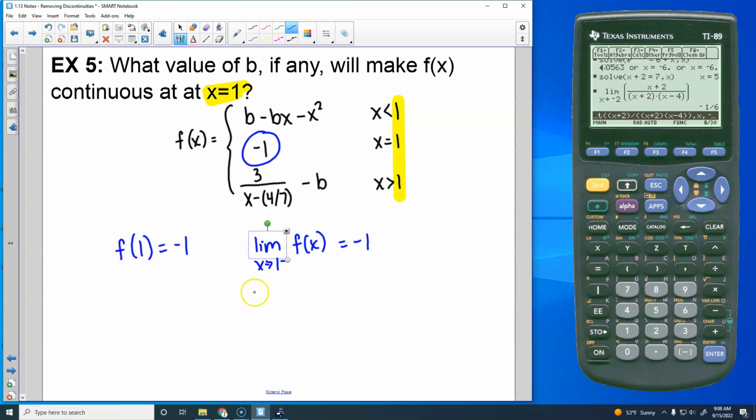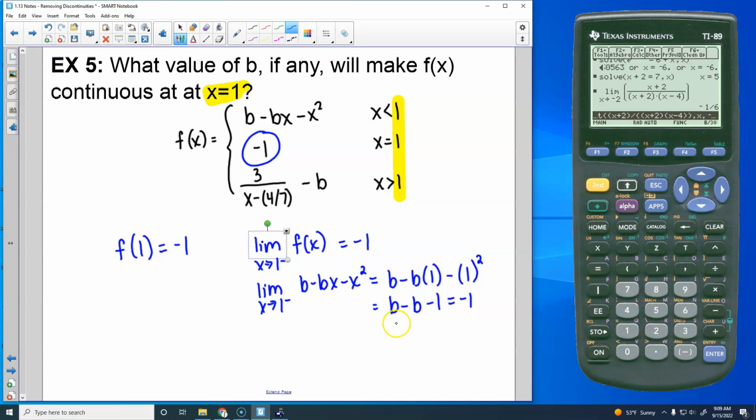And so that would be doing limit as x approaches 1 from the left of b minus bx minus x squared. Which letter am I replacing? X. So it's b minus b times 1 minus 1 squared. So this would be b minus b minus 1 equals -1.